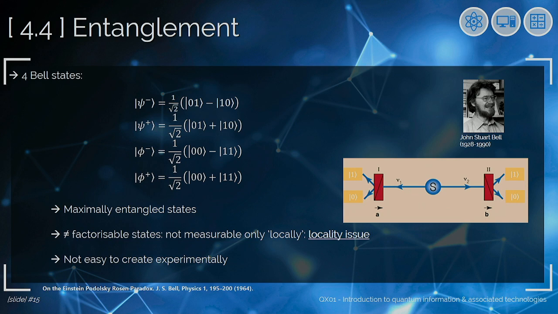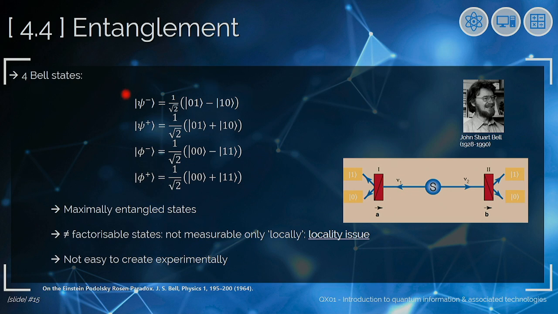Those four states, so two-qubit states, are called the Bell states, after John Stewart Bell. He was the one who took the EPR paradox and showed that there was nothing wrong with quantum mechanics. And in fact, the notion of this global wave function, and there are no hidden variables, no hidden people trying to trick you.